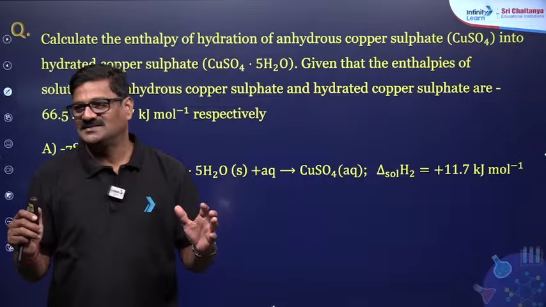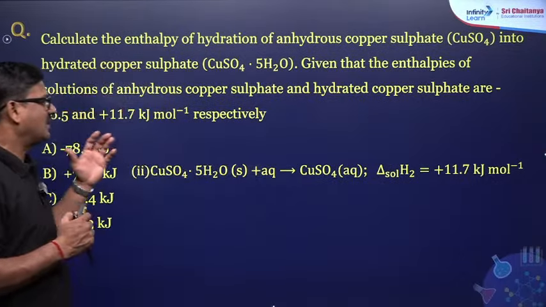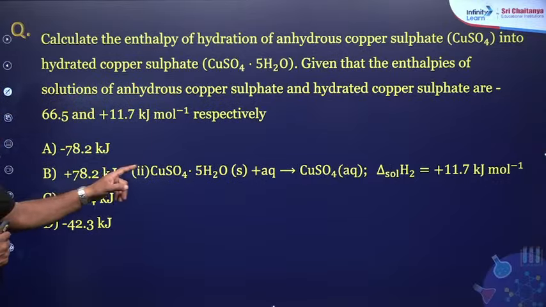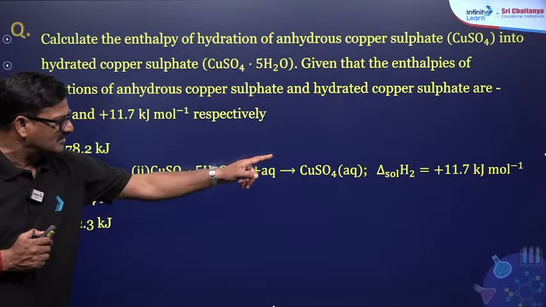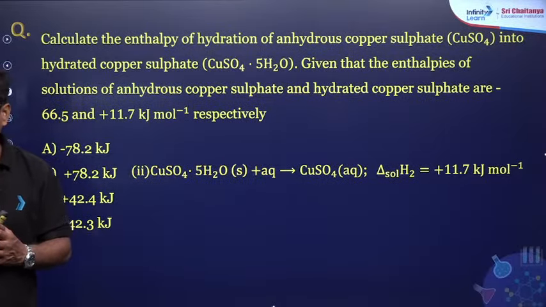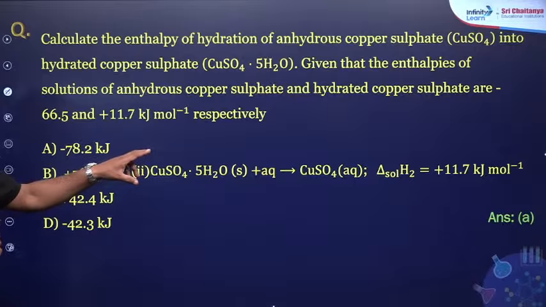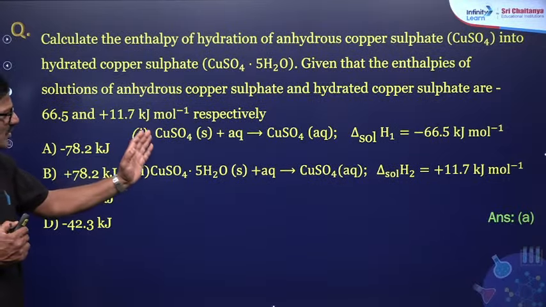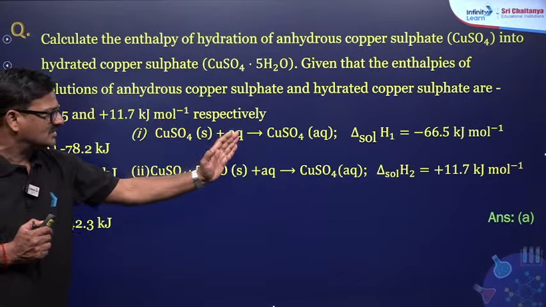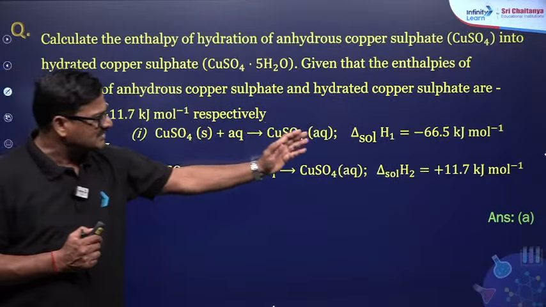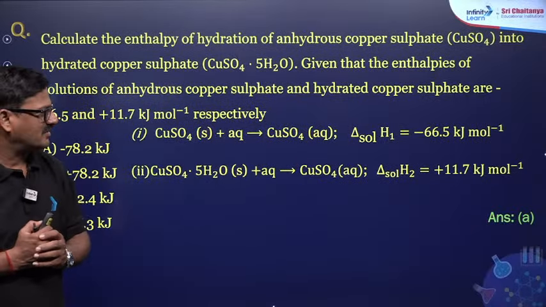Fine? Satyam, so for this, copper sulfate dot 5H2O is dissolved, that is given as plus 11.7. And the answer is A. Let me solve and I'll show you. If I take copper sulfate solid dissolved, the enthalpy of dissolution is given as minus 66.5.